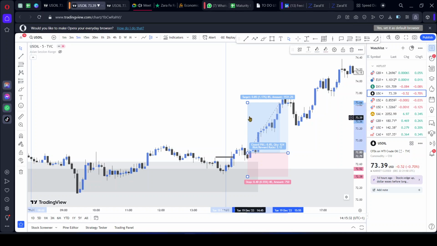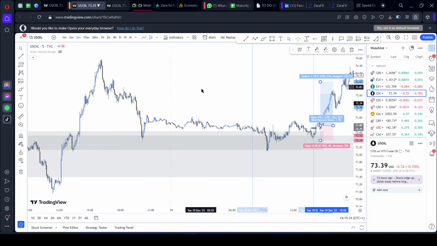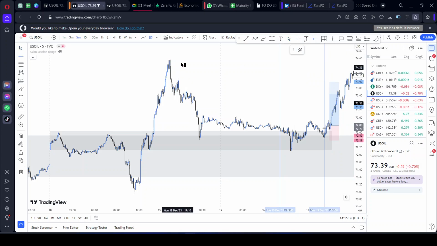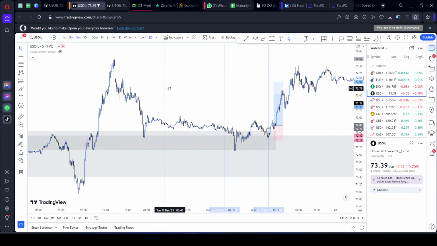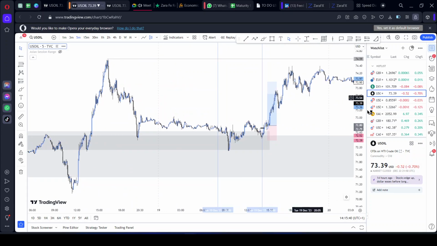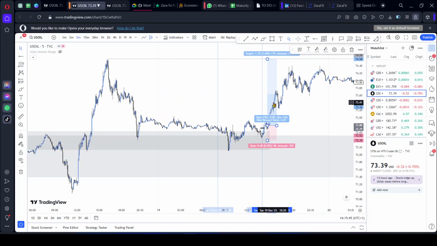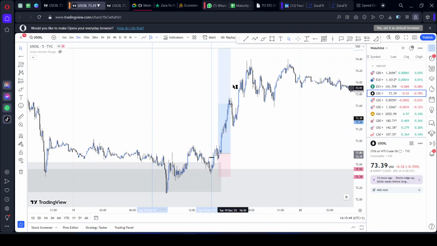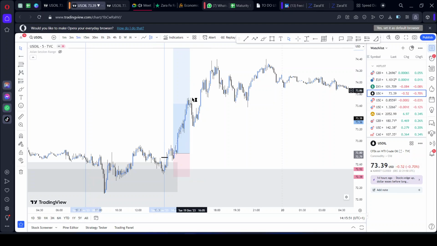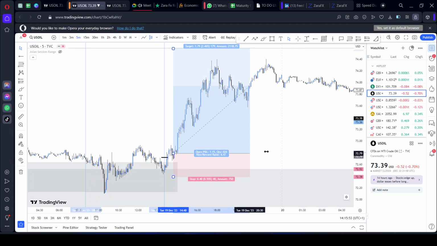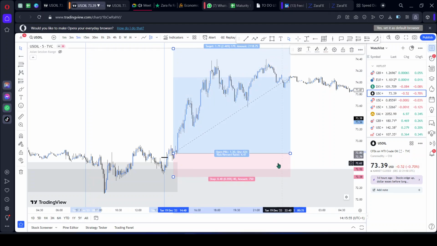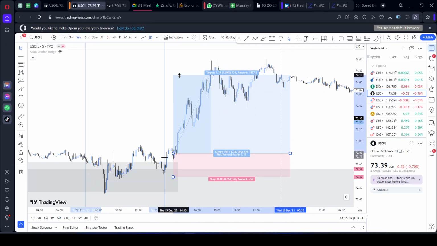This is 1 ratio 2.12, and our goal is this high. That high was 1 ratio 4.47. That's almost 1 ratio 5.